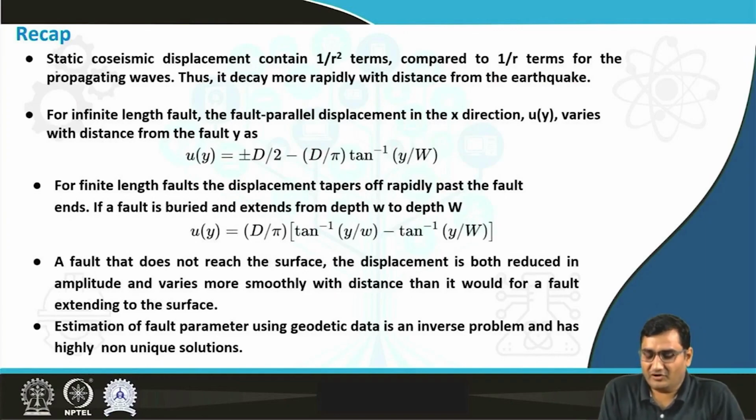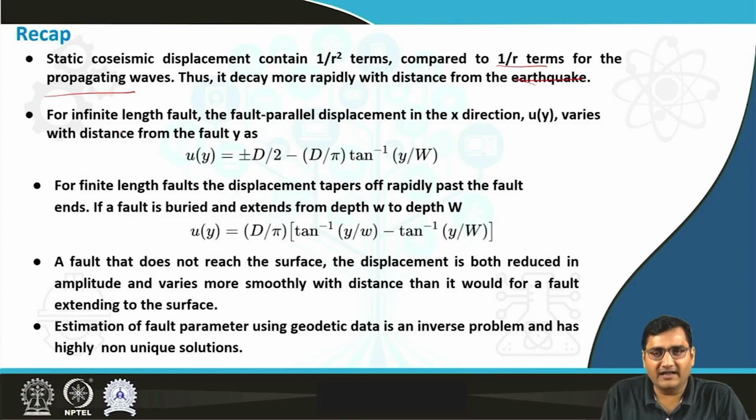Then we talked about static coseismic displacement, which contains a 1 by r squared term compared to a 1 by r term for propagating waves. Thus it decays more rapidly with distance from the earthquake.